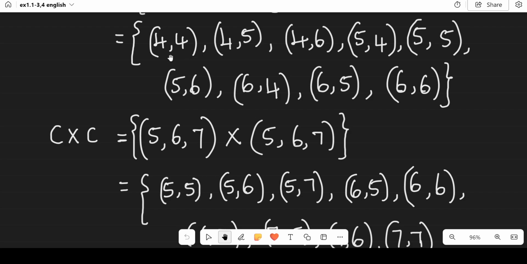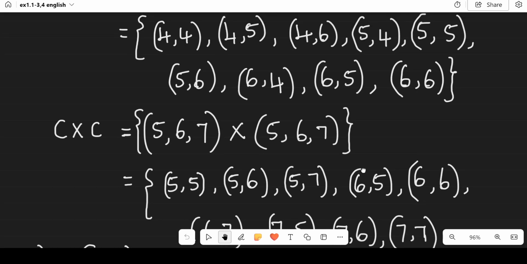First check out (4,4). Here (4,4) is not present, right? So check out the next values (4,5) and (4,6).